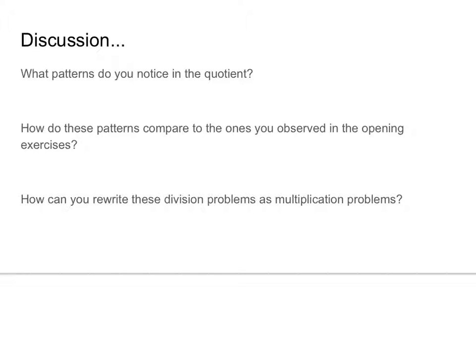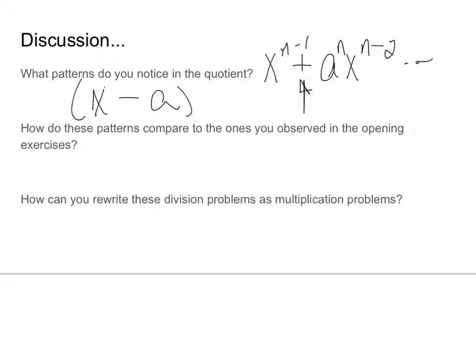That's where we did x to the n plus, so they're always added, a x to the n, so this is n minus 1, n minus 2, etc. So the terms are always added, which is right here, and each term is a product of a power of, if we're doing x minus a, each term is a product of the x and the a.